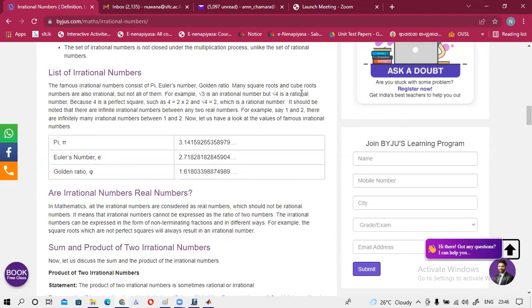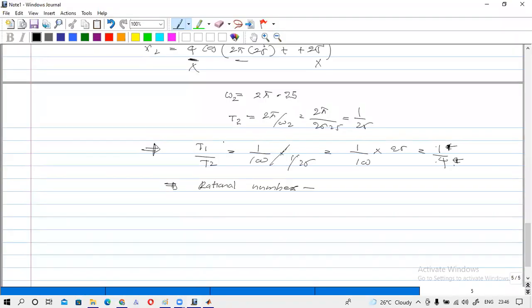So let's say it is 3.5. So 3.5 can be written as 7 by 2, no? So it is a rational number. But 0.33, we can't write it as a ratio, no?